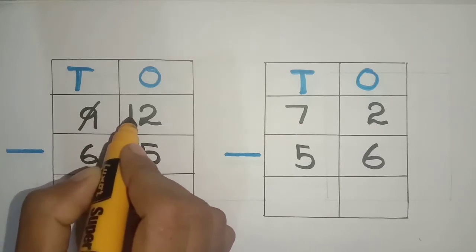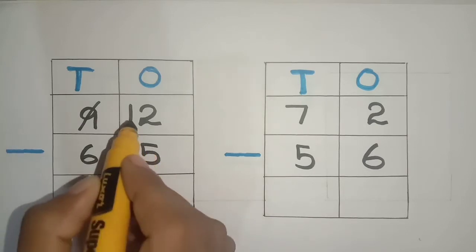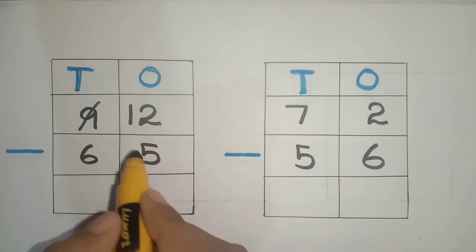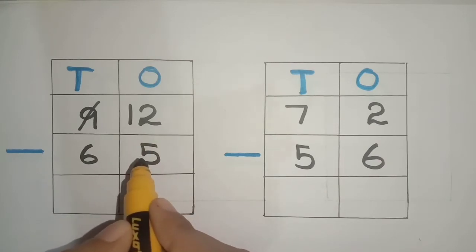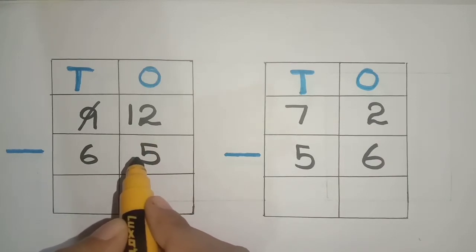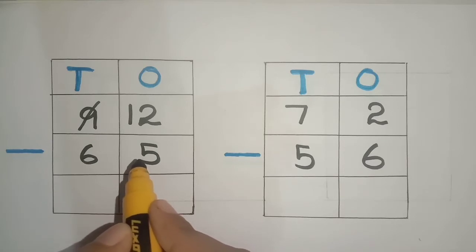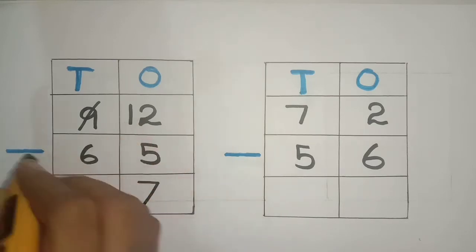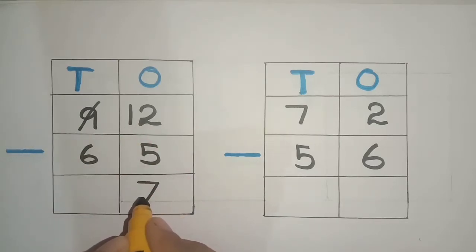From this 12 we should subtract 5. Now say 12 minus 5. Counting back 5 from 12: 11, 10, 9, 8, 7. So 12 minus 5 is equal to 7.